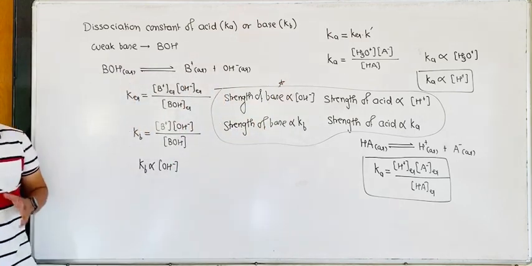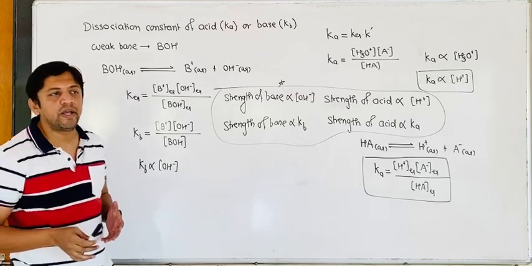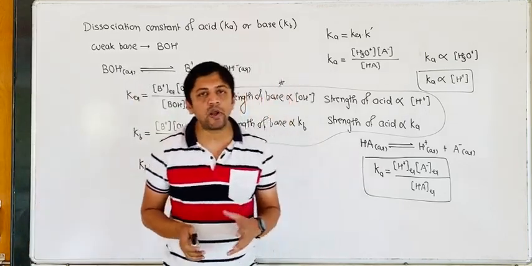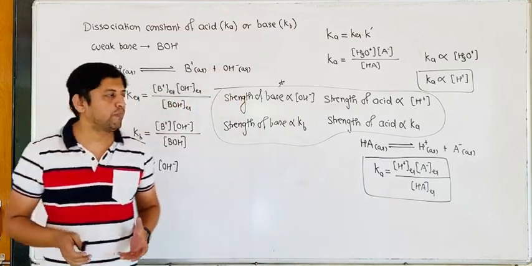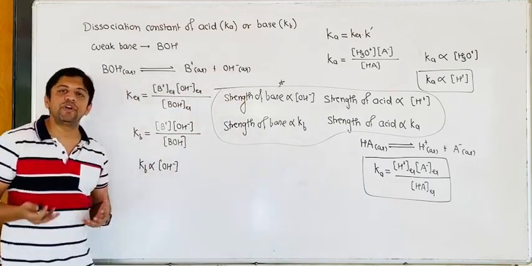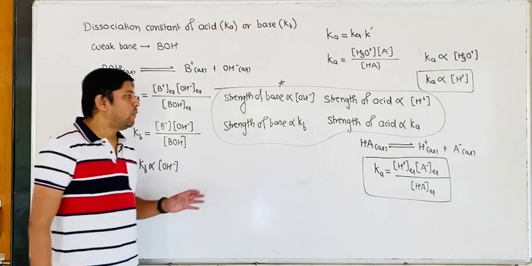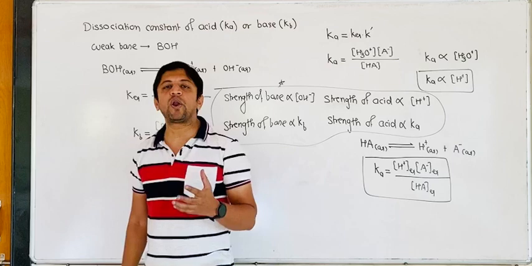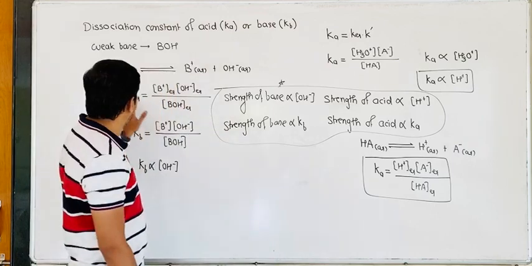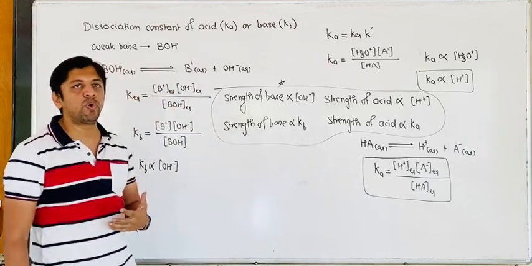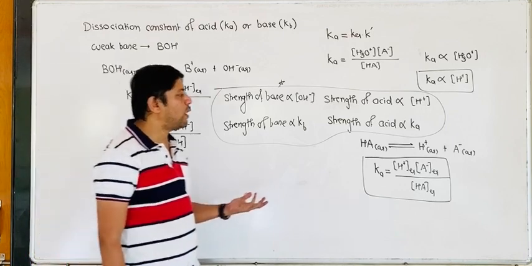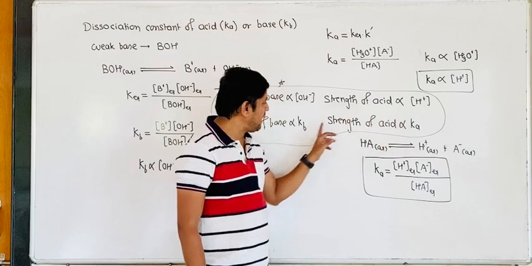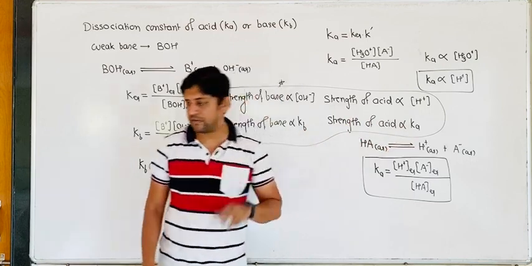So these are the dissociation constants of weak acid and weak base, and the values of Ka and Kb depend on temperature, because these are nothing but equilibrium constants, which depend on temperature. Values of Ka and Kb are always experimentally determined. You cannot predict by looking at a molecular formula what the value for NH4OH will be, and what the value will be for a weak acid like HCN. These are always experimentally determined and given in numericals.